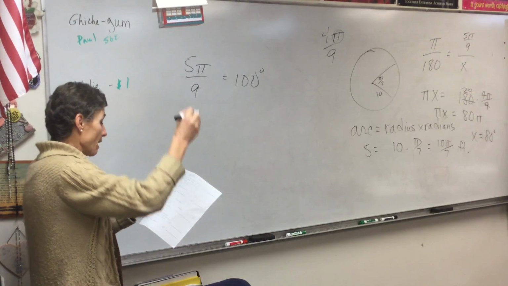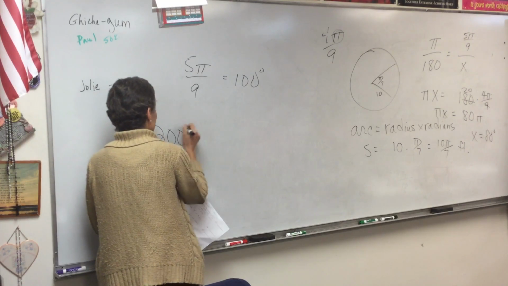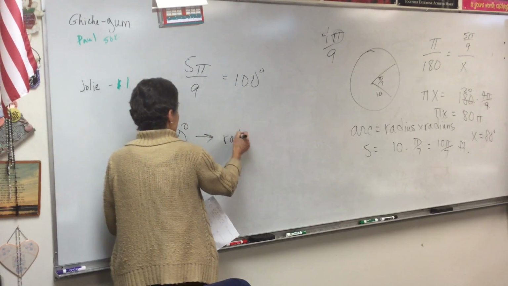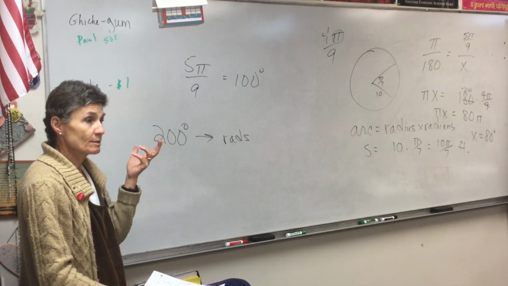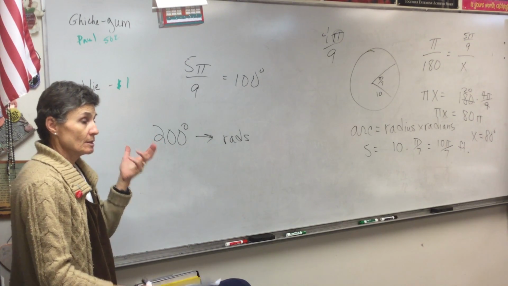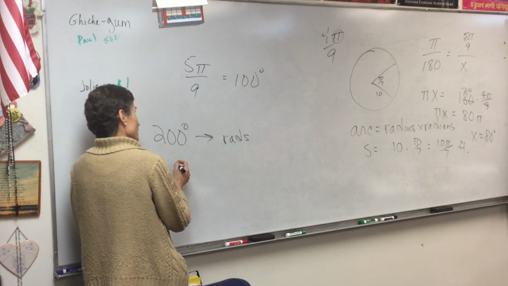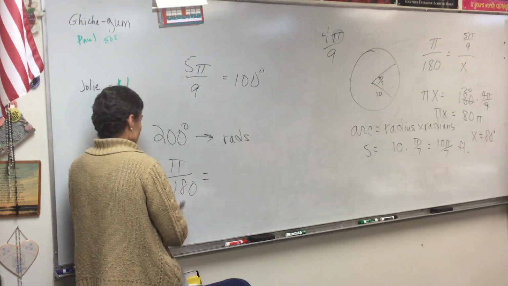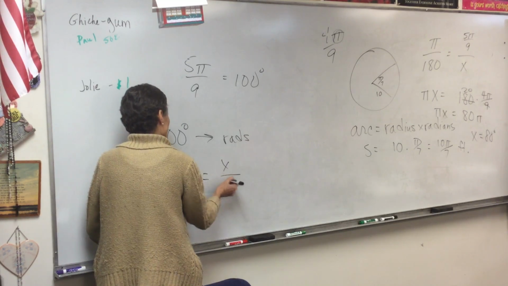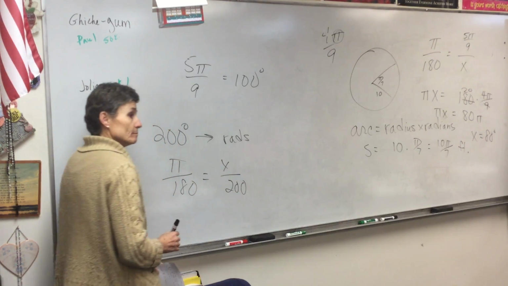All right, back up to the top one. Change 200 degrees into radians. Same problem, just backwards. So what's our proportion? Pi over 180 is x over 200.